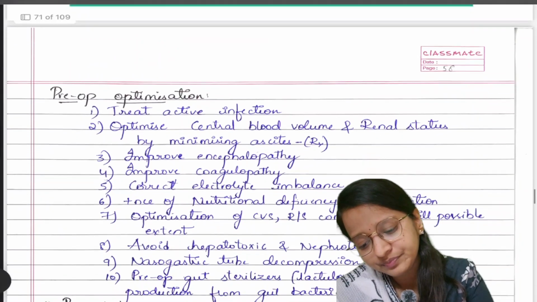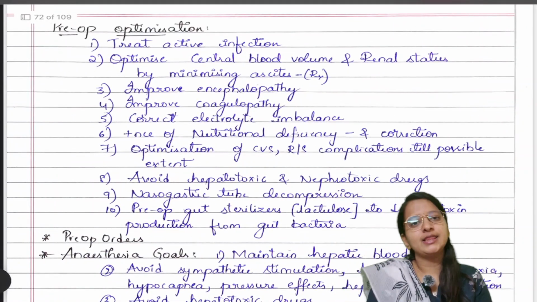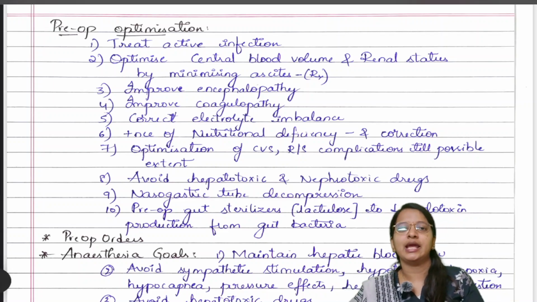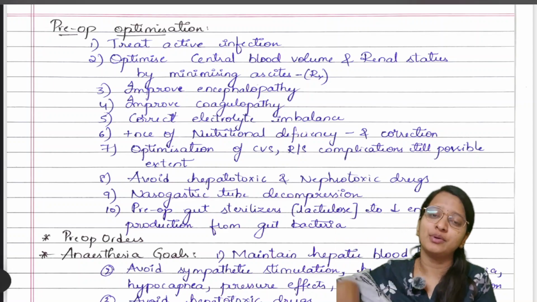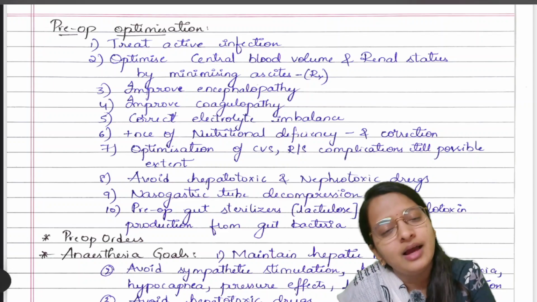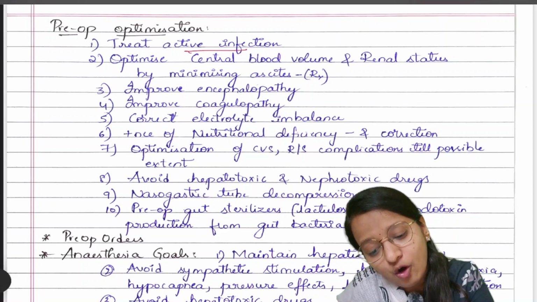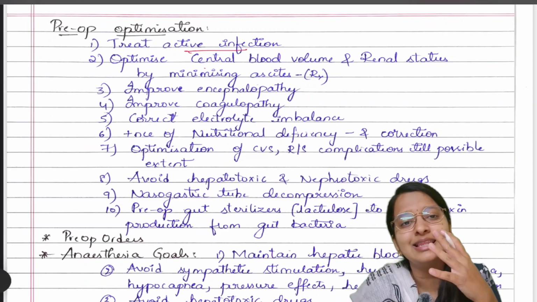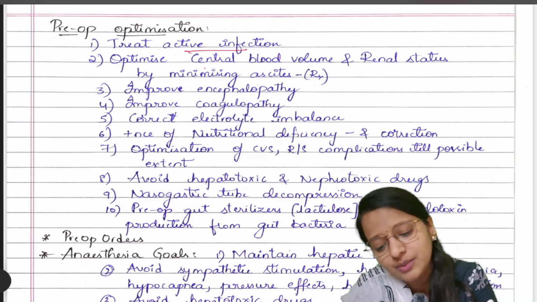Okay. So, I have taken the history, I have risk analyzed the patient, I have seen if he is taking any hepatotoxic drugs, have stopped those drugs, and now I'll go for pre-op optimization. I'll treat any active infection, I'll optimize his renal status and central blood volume, because in these patients the effective blood volume is decreased.